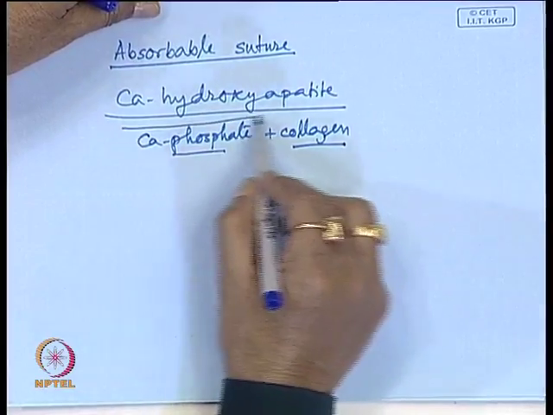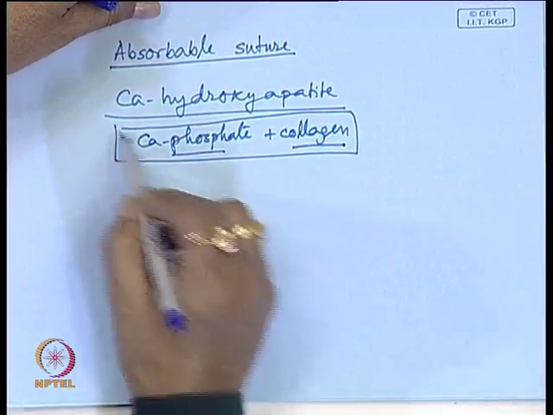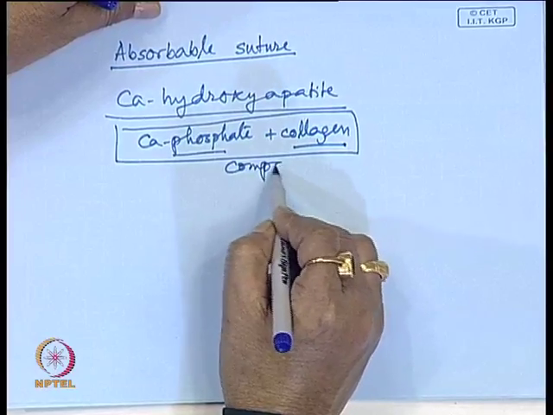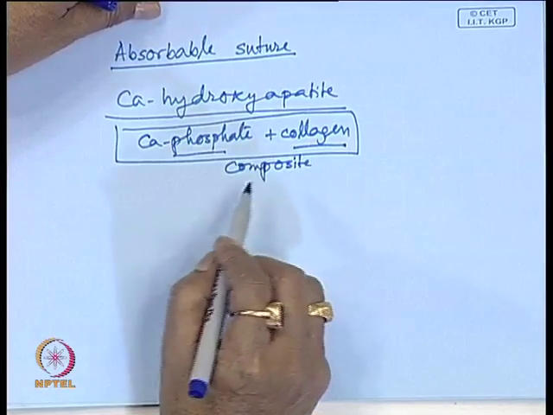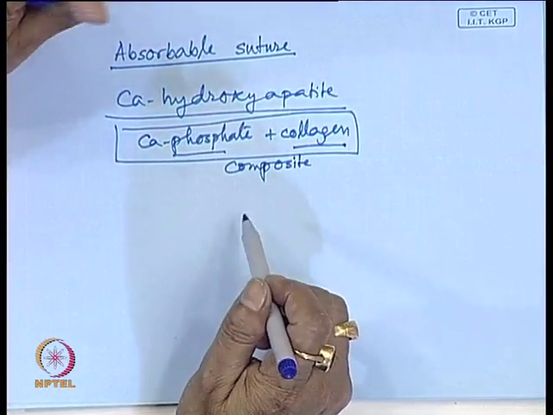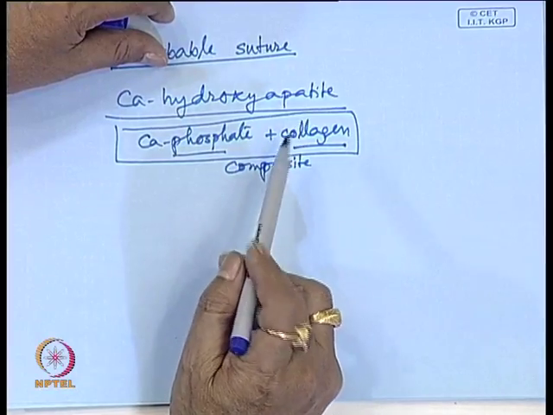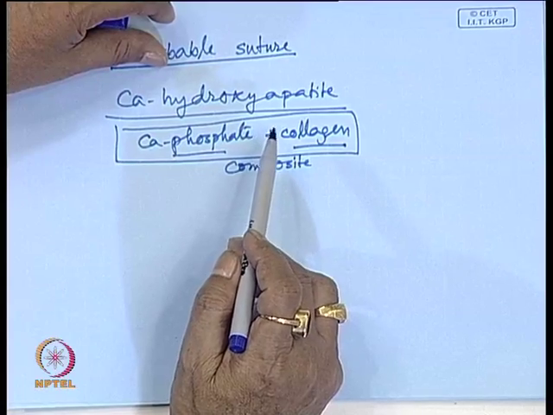So, a composite will be formed. Now, that composite can be used for replacement of bones, or else we can make a porous scaffold from calcium hydroxyapatite. Today people are making bioceramics, porous bioceramics.